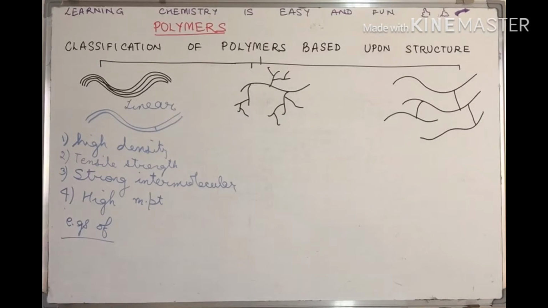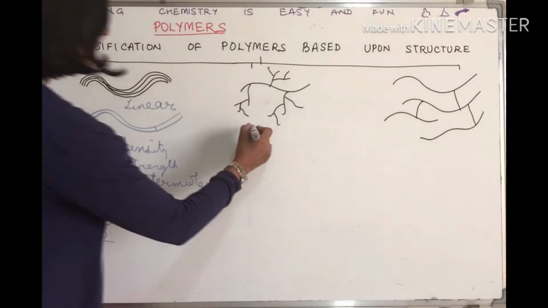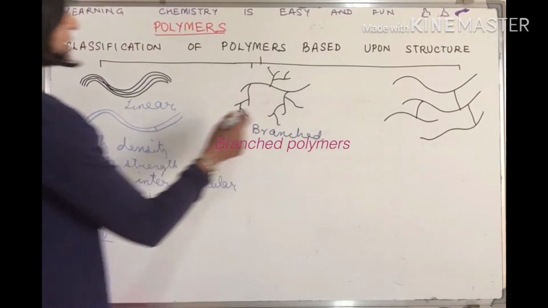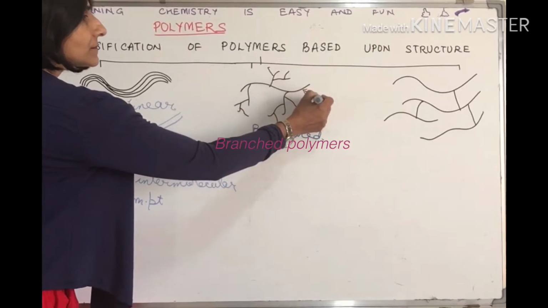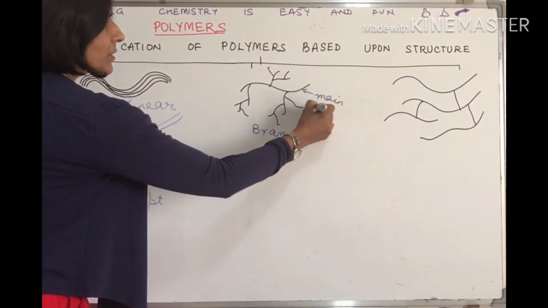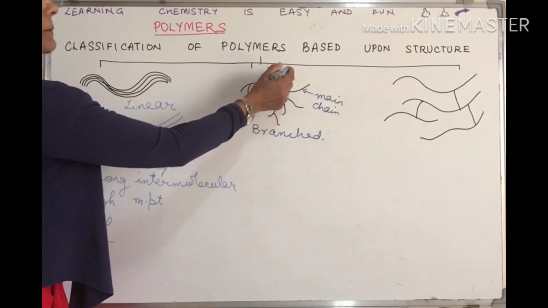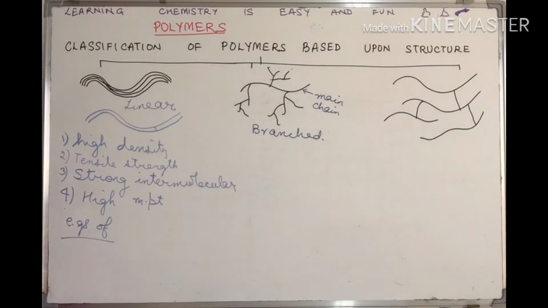Yes, it is branched polymer. Branched means you have the main chain over here, and from the main chain there are branches, and from a branch there are other branches, right? Just like you have in the plant root.